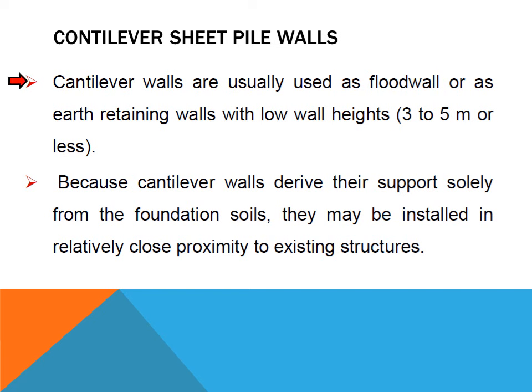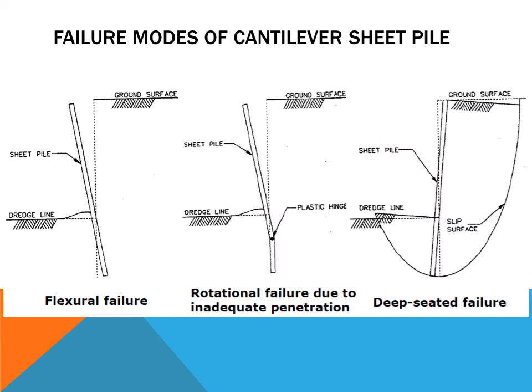Cantilever walls are usually used as a flat wall or as an earth retaining wall with low wall height, 3 to 5 meter height of the retaining soil. Cantilever walls get their support mainly from the foundation soil, so they may be installed in relatively close proximity to existing structures. Here are some of the failure modes of cantilever sheet pile.